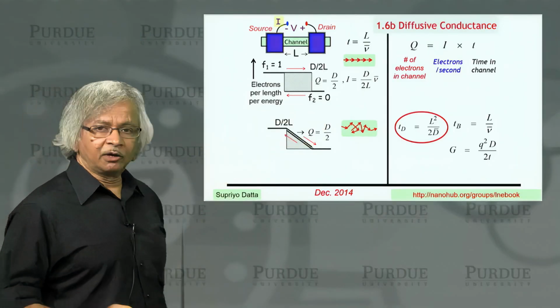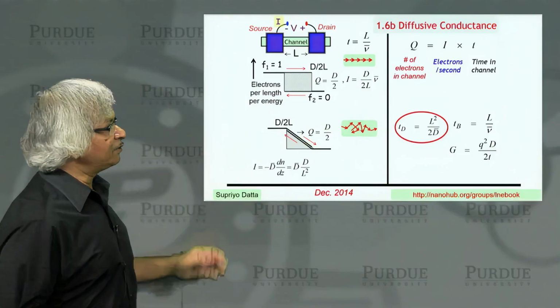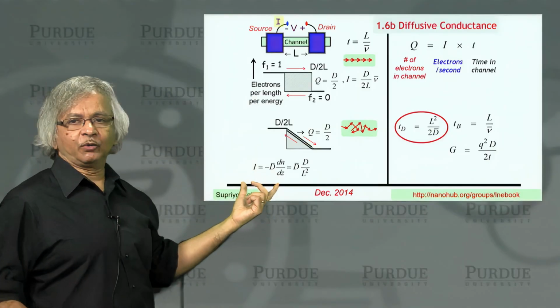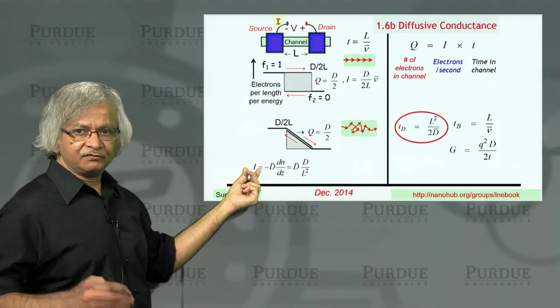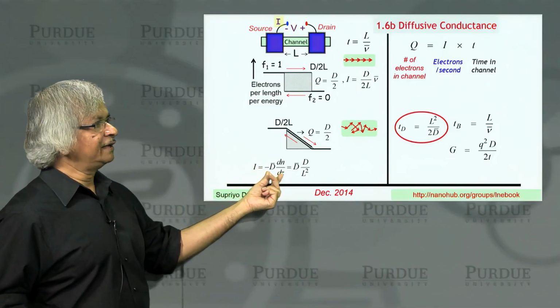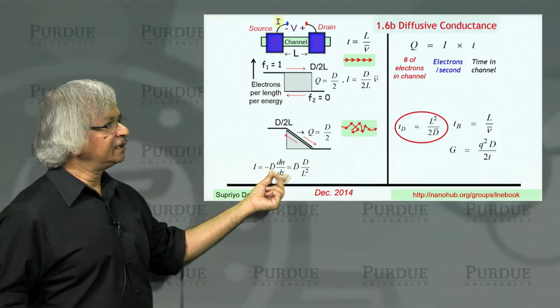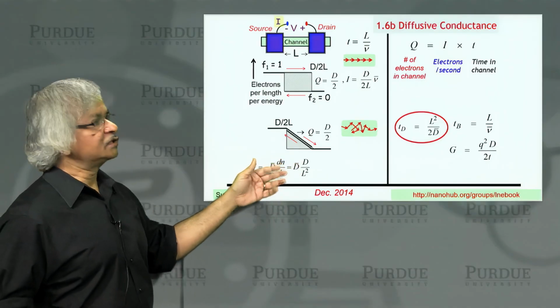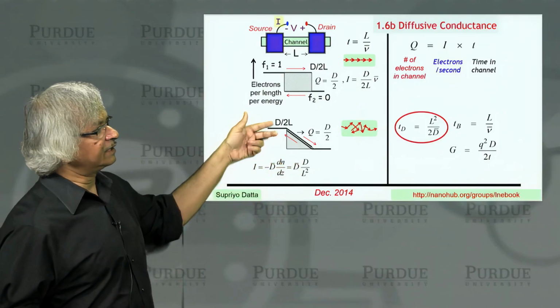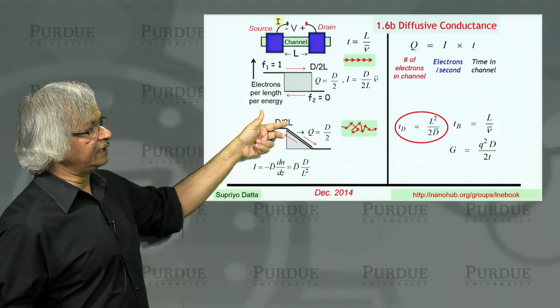Okay. What about the current? Well, that's where we invoke the diffusion equation. The diffusion equation says that the current in diffusive transport is given by the diffusion coefficient times the derivative of the electron density. So what's the electron density? Well, it's like D over L at this end.